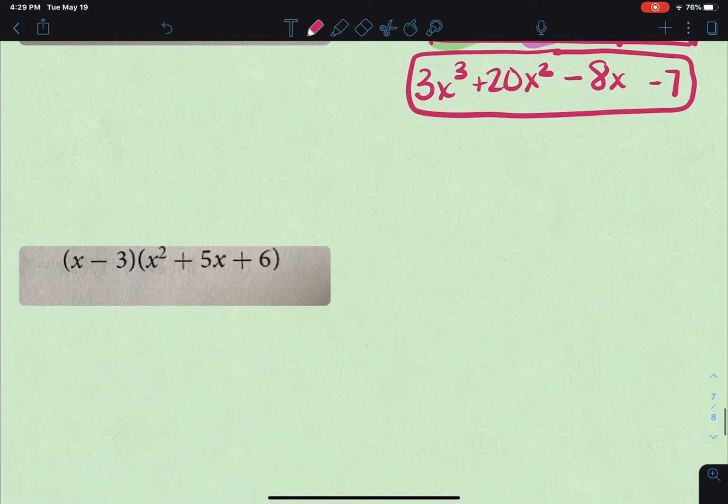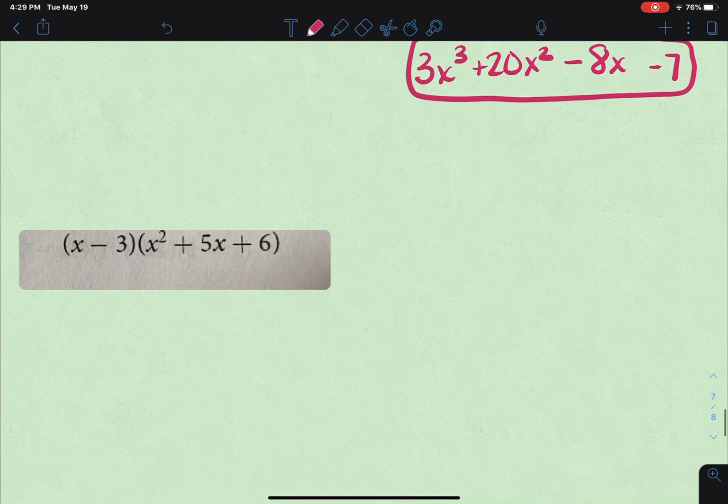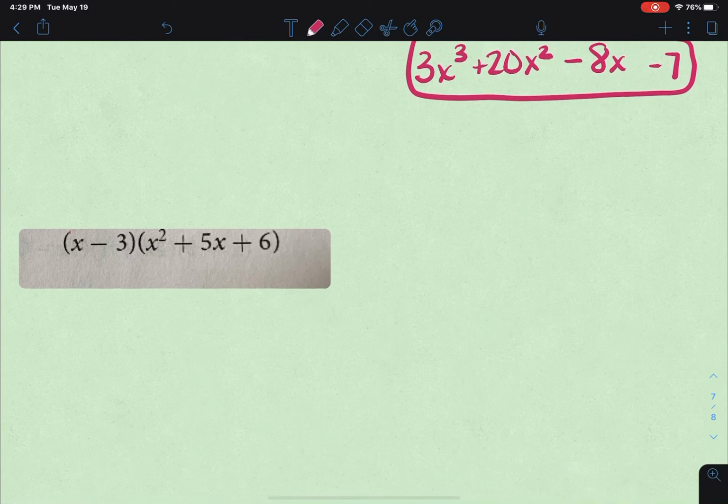Okay, now if I look at the second one, I have x minus 3, so I'm going to add that 1 there just like the last one. x squared plus 5x plus 6, I'm going to put a 1 there. Just like we did before, if this one's smaller, that's going to go down the side.